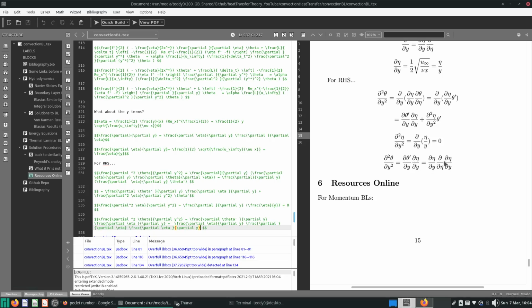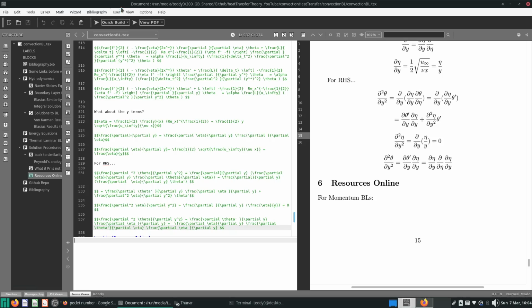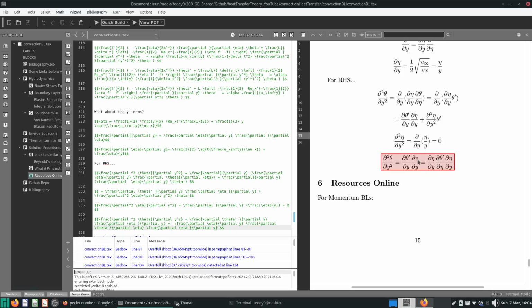Then I will need to put this in, the theta square, theta prime on top, and you notice what happens to this. Basically I just split this here to get this using a chain rule.